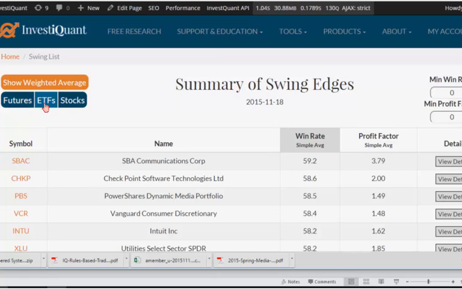And then we've got about 50 ETFs, and then every stock that has at least 10 years of data that is a member of either the S&P 100 or the NASDAQ 100 shown.